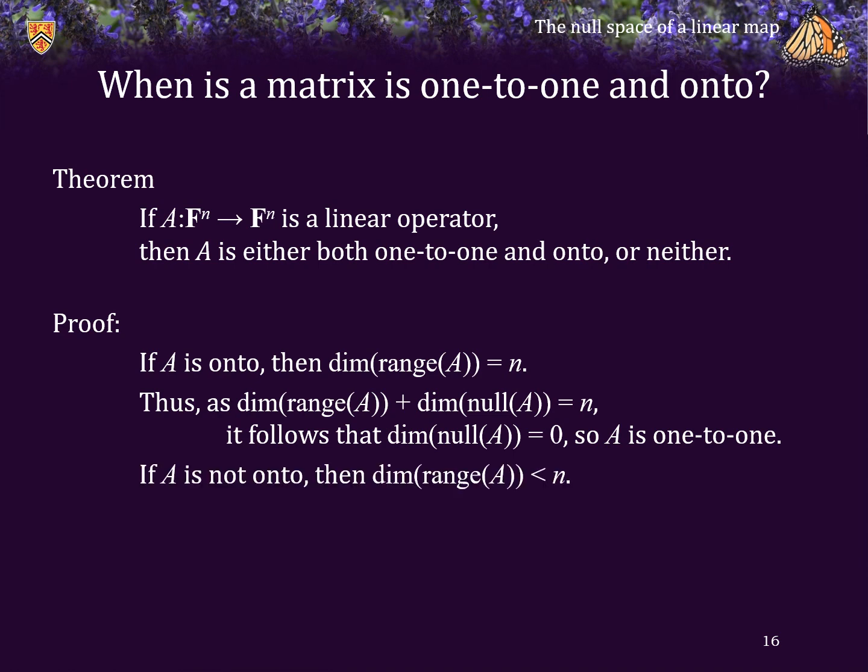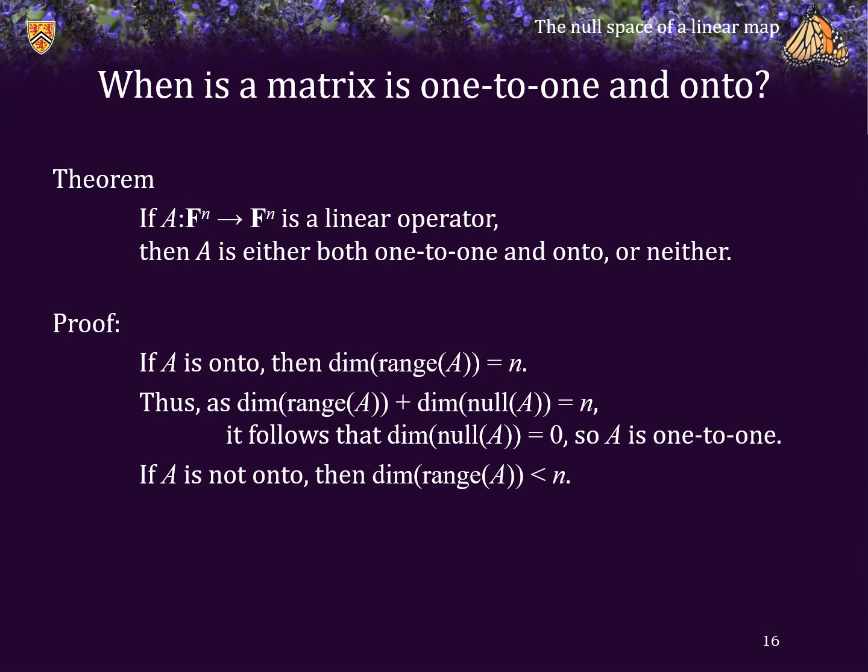Let's assume that A is not onto. We will now show that if A is not onto, it is also not one-to-one. If A is not onto, then the dimension of the range of A is less than n.